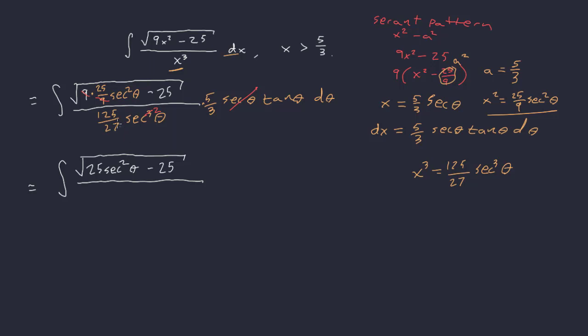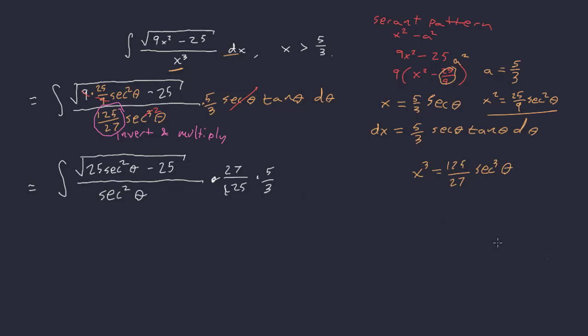Since we're dividing by this fraction, I'm going to invert and multiply instead, just to get that out of our way. I'll leave the secant squared down there, but here I'll rewrite this as 27 over 125, times 5/3.